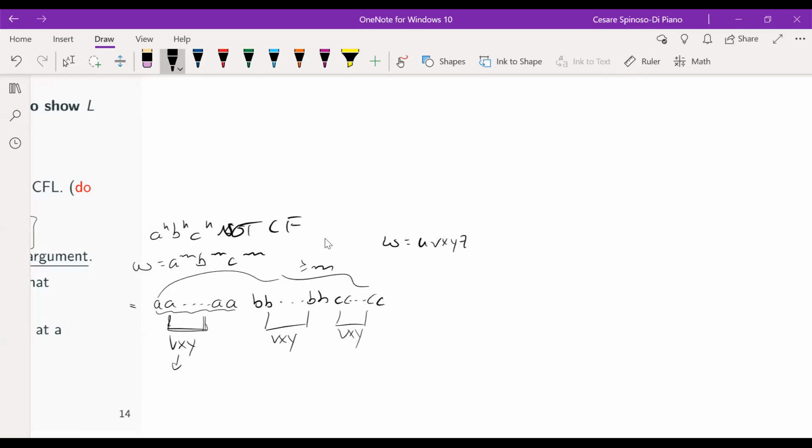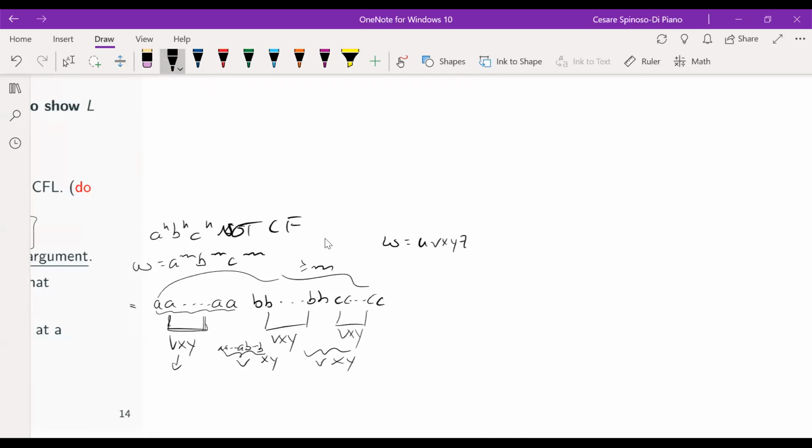Now there is the issue where maybe v has A's and then it has B's, and then you have x, y as B's. So that's another case, and then you keep going. The other case would be your v's are within the B's and C's.